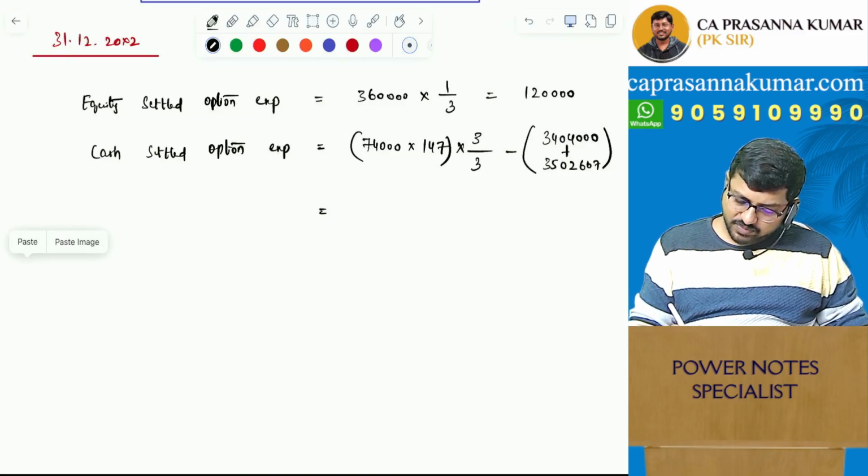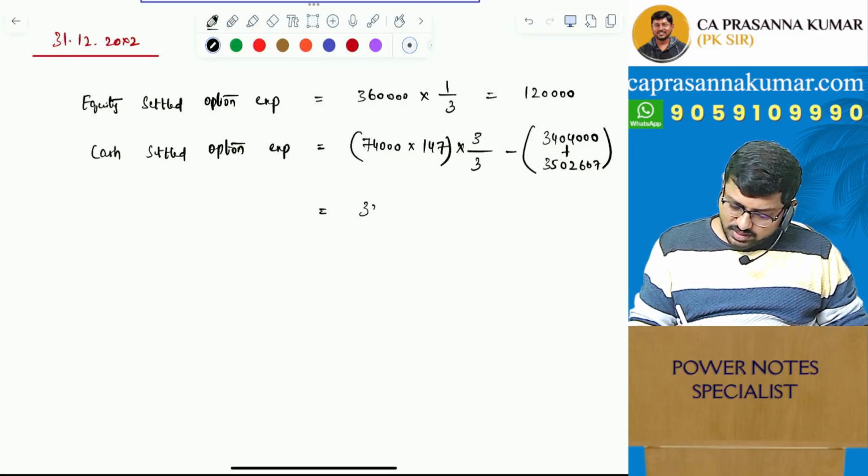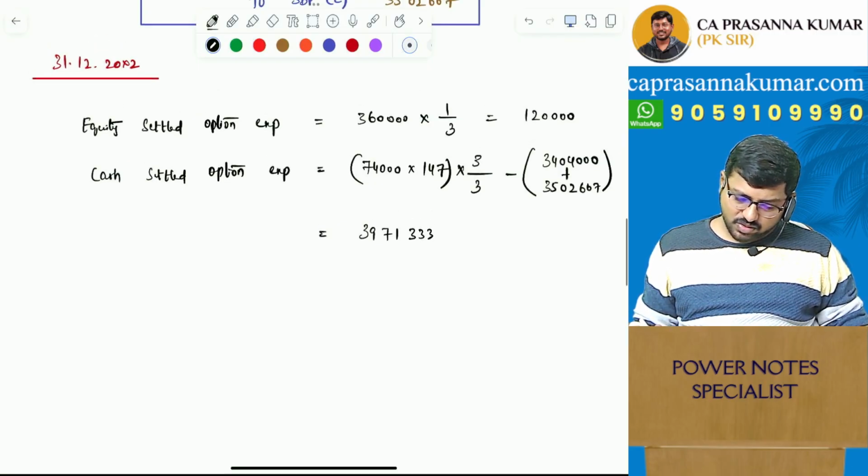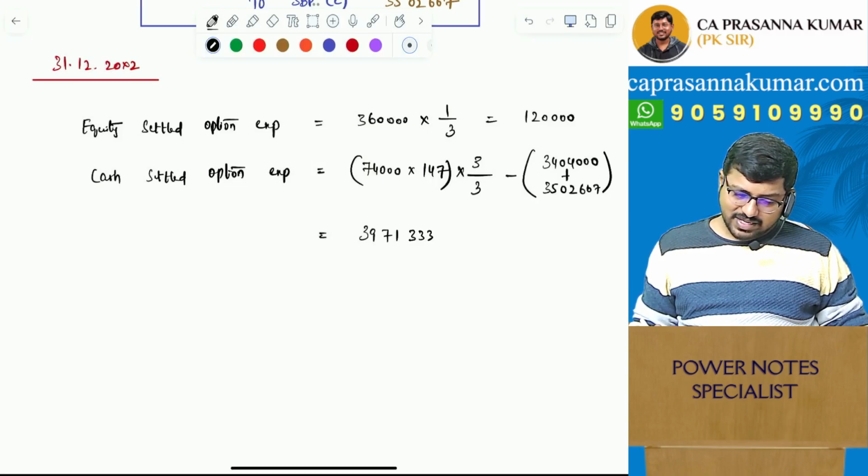Okay, how much? 39 lakh 71,333. Others confirm whether this is correct or not. 39 lakh 71,333 it seems. Is that it?